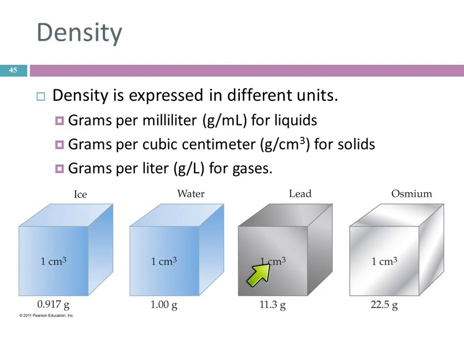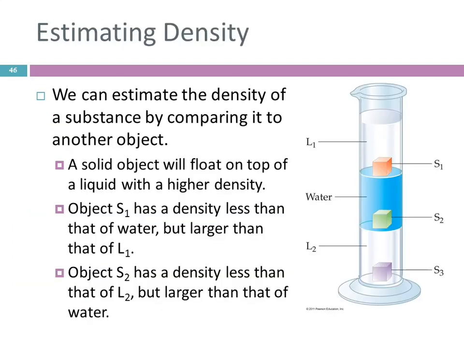A 1 cubic centimeter piece of lead would weigh 11.3 grams. And if you had osmium, which is an unusual element, 22.5 grams. Very, very dense. You see these equal volume cubes, and the osmium weighs 22 times that of the ice or the water. It's much denser.